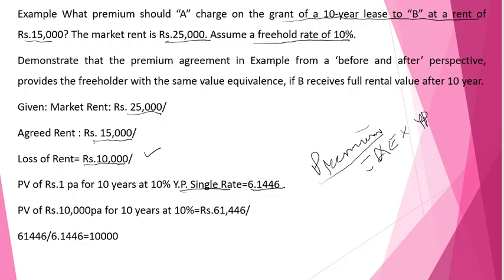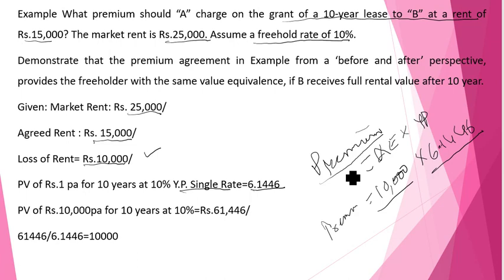So this is YP 6.1446, and you require 10,000 as reduction in the rent per year. So the premium you have to get is 10,000 into 6.1446.